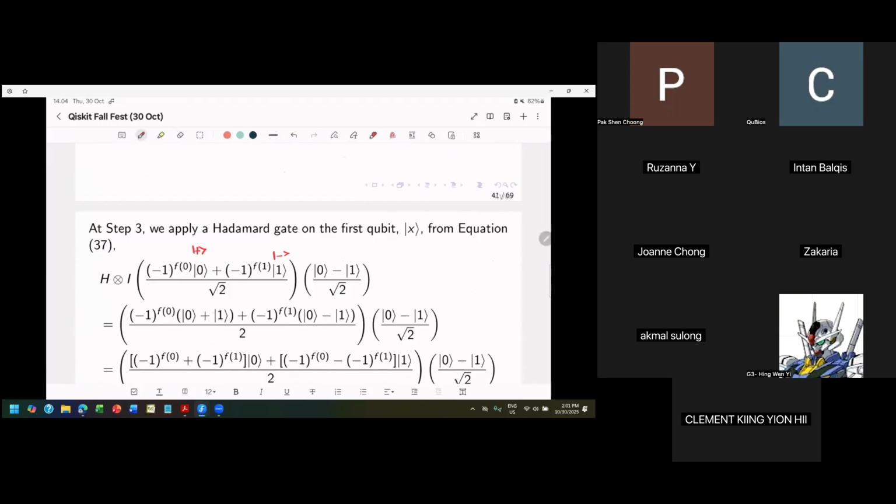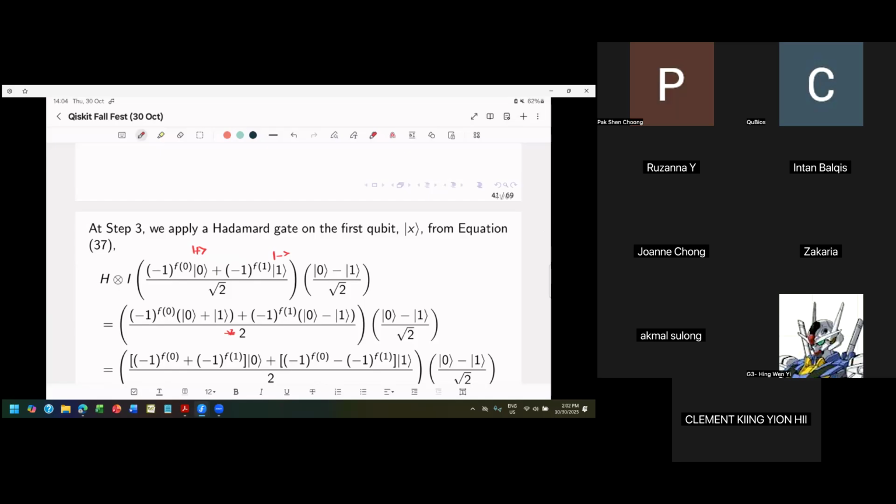Over here I directly multiply the square root 2 to the bottom, so it becomes 2 over here. Then the plus part is 0 plus 1, minus is 0 minus 1. Is that okay?